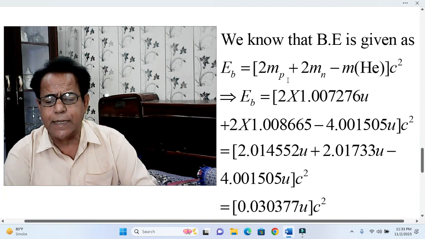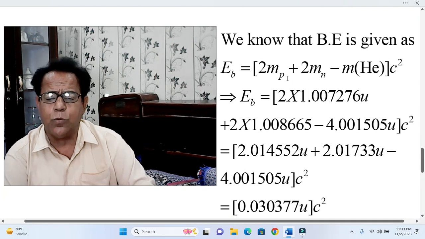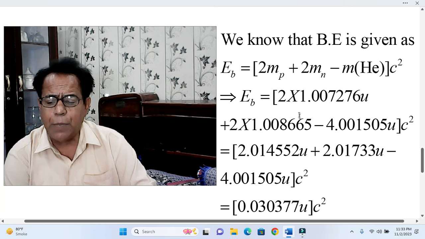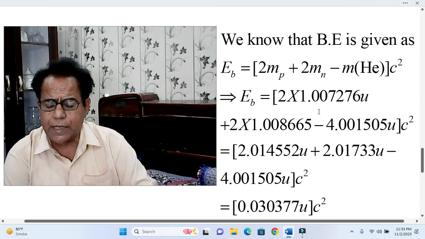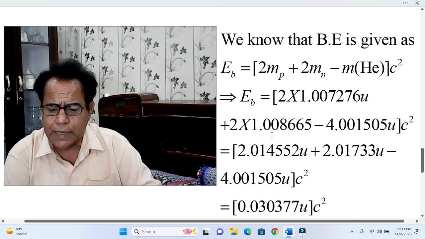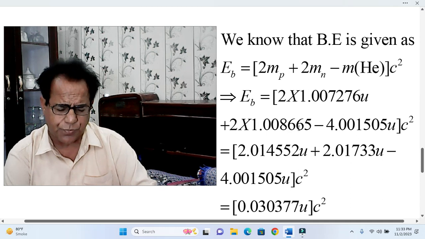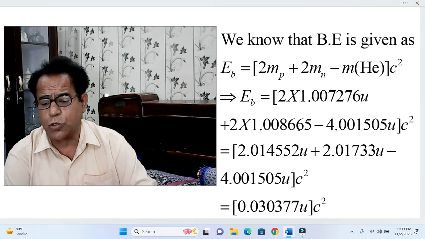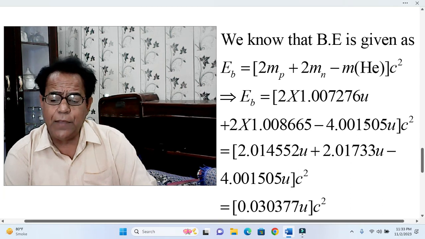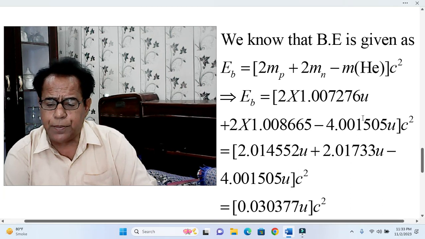This implies that binding energy EB will be equal to 2 into the value taken from the table, plus 2 into this value, also taken from the table, which has been shown in the snapshots, minus this value, which is given in the statement.